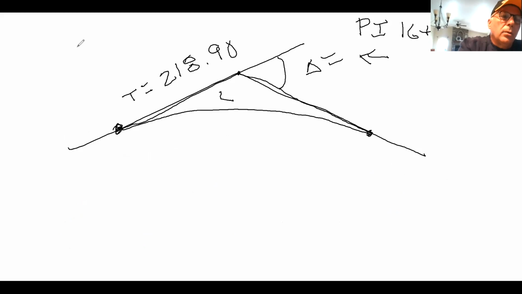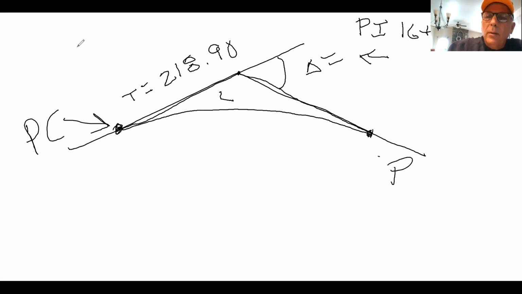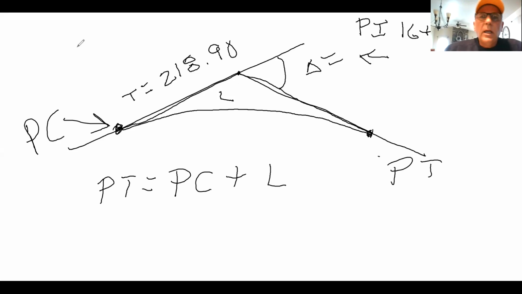Let me go to my drawing tools. PC is right here. Now, in order to calculate the PT station, which would be this point right here, the PT is equal to the PC plus the length of the curve. Be very careful about this.